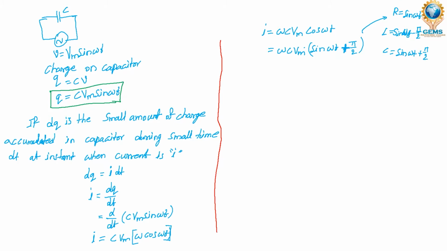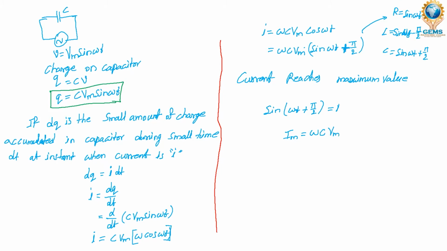Now current reaches maximum value when sin omega t plus pi by 2 is equals to 1. Current reaches to its maximum value. At that time Im, current maximum, equals to omega C into Vm. This is the value.